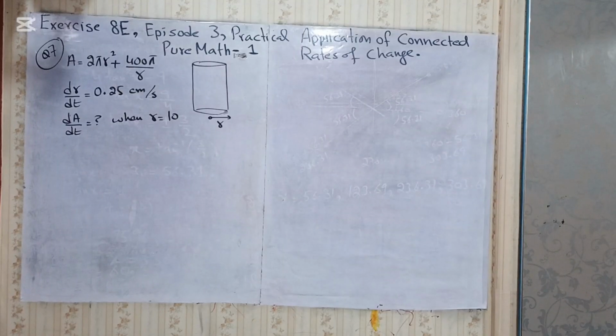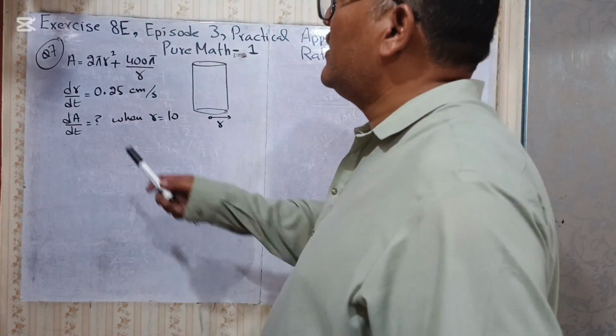So let's do this. The area is already given to us, and the rate of change of the radius with respect to time is also given. We want to find out the rate of change of area. So it is very simple. You simply have to differentiate.